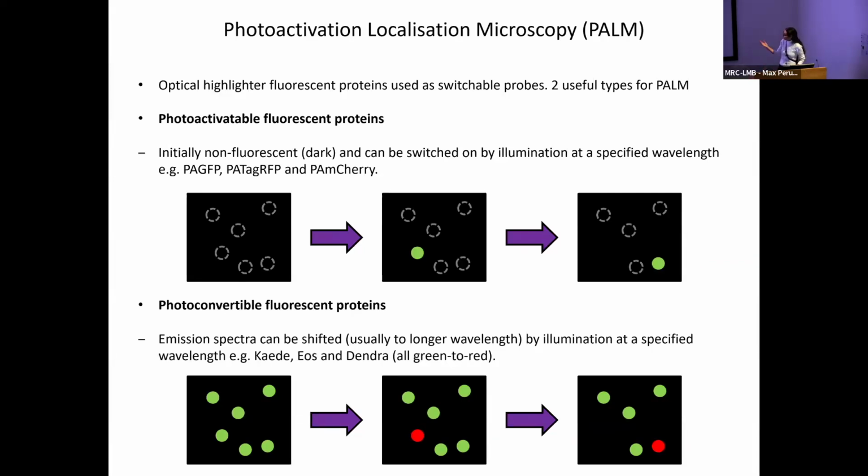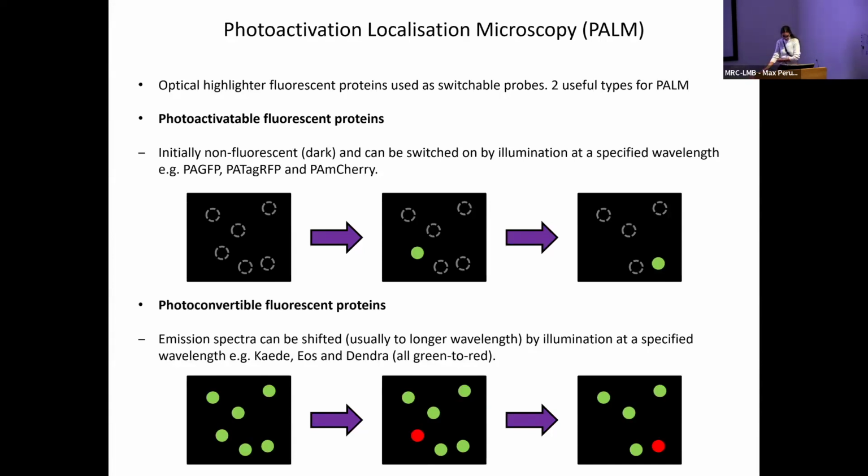And then you have also photoconvertible fluorescent proteins, which are, for example here, all green, but have the capability to be switched into another color. By using a specific wavelength, you convert those green fluorophores into a red spot that will be sparse in your object. So little by little, again, you acquire them, and that allows you to reconstitute your image.